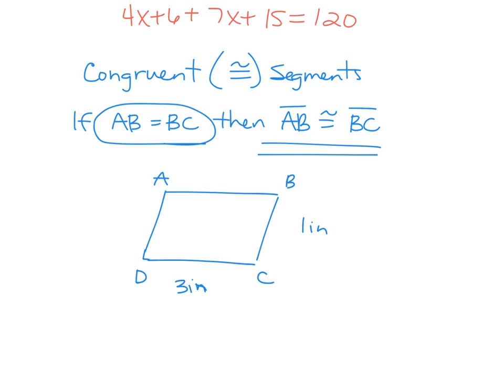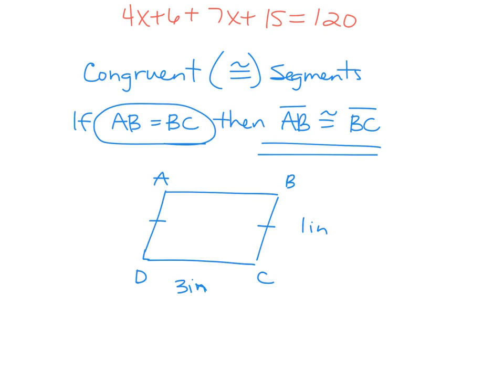So if I want to say that BC is congruent to AD, I just put those little marks, and that tells me those are the same. Okay, so that's congruent segments. But now if I want to say that CD is the same as AB, I can't do one hash mark anymore because that would say that all of them are the same and 1 is not the same as 3, right?